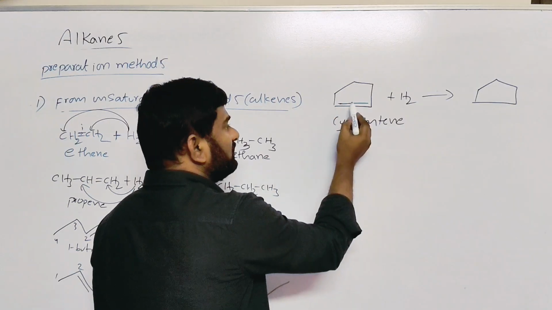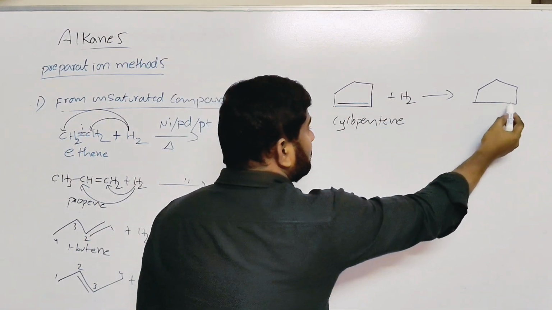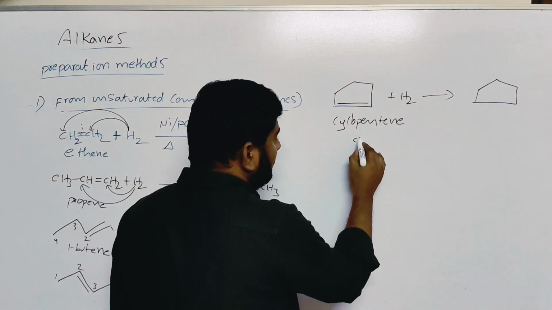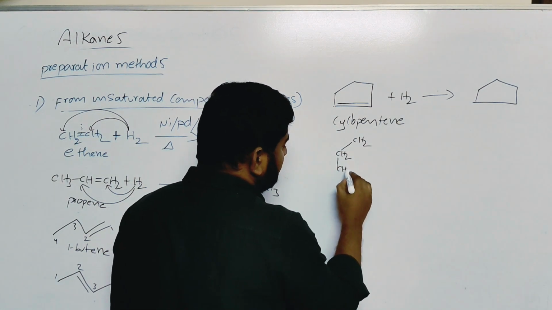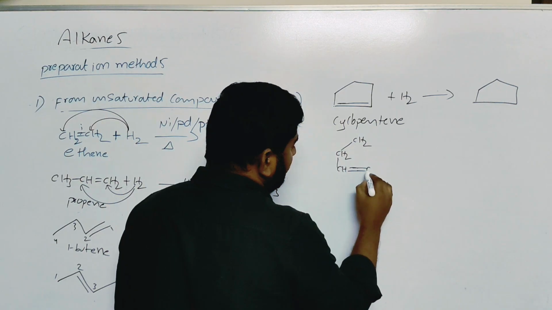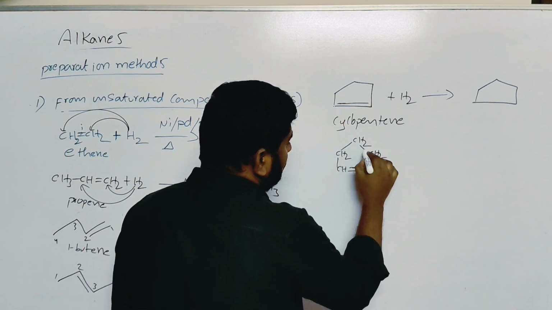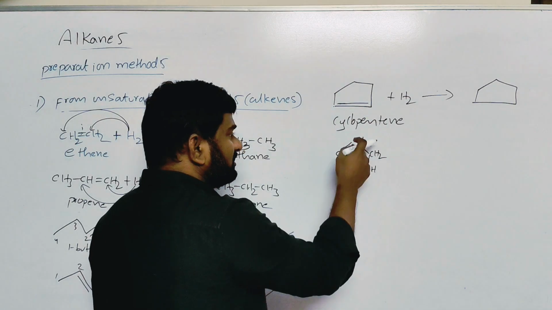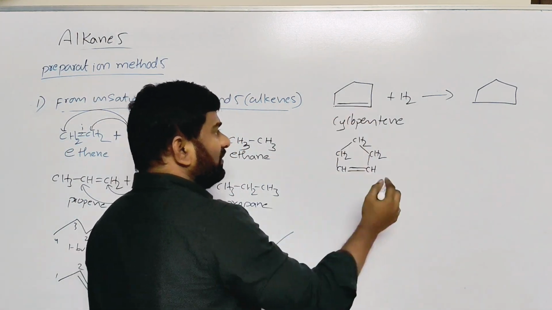Actually, here the double bond means CH only, and a single bond means CH2. We can write it like this also: CH2, CH=CH, and CH2. Both structures are the same, this is cyclopentene.